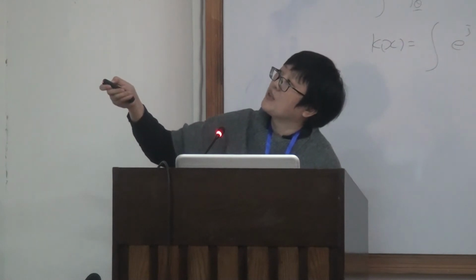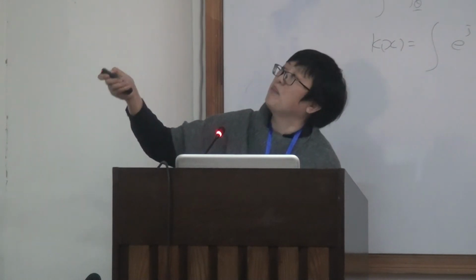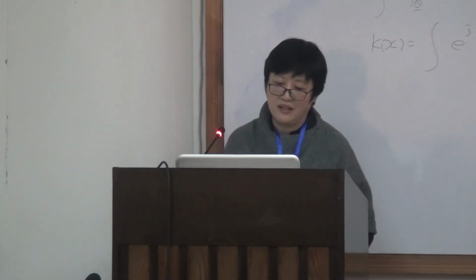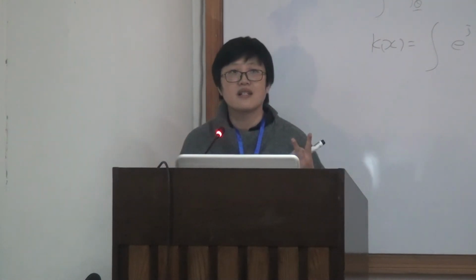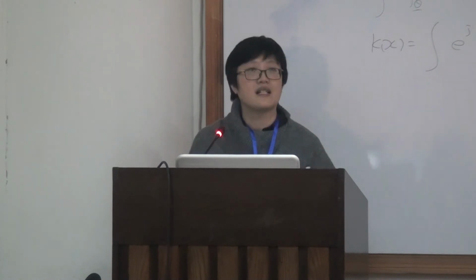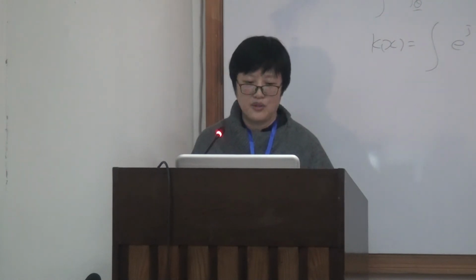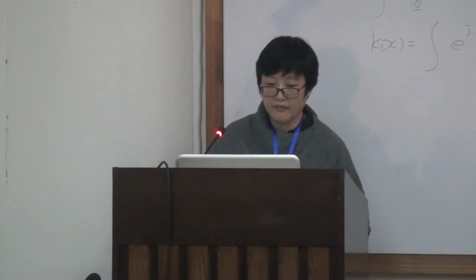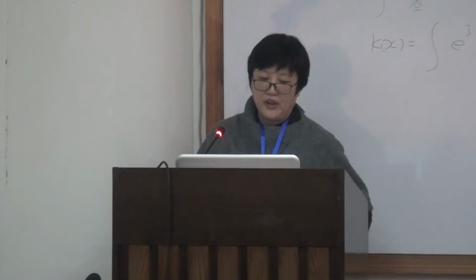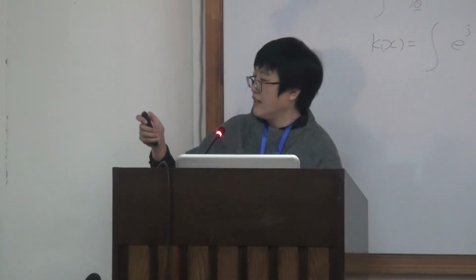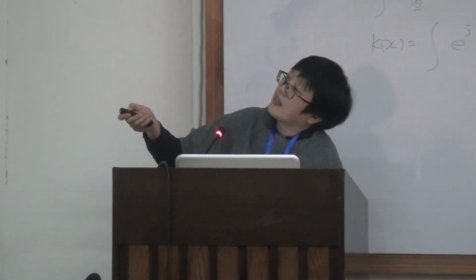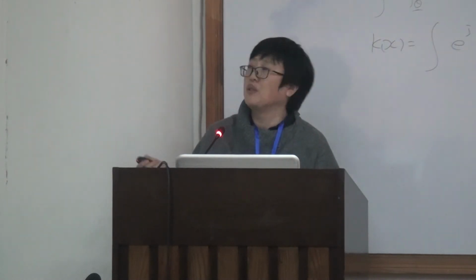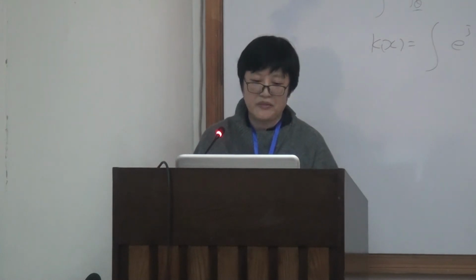Then the relations between the input and the output, we can use this one. That means just two functions, one is F and one is G. For the F function, it's like this, because it is a classification task, so we just use the softmax.